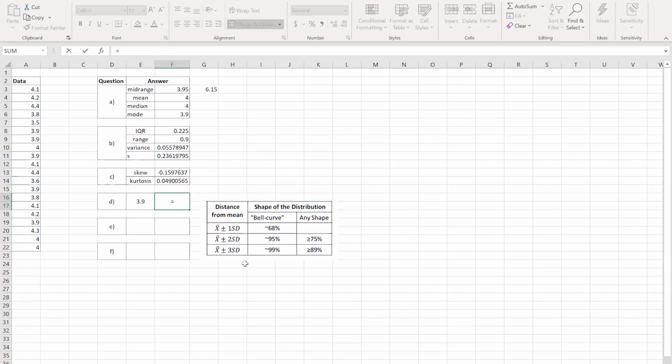The upper range is Q3. So we would expect to find 50% of the data between 3.9 and 4.125.